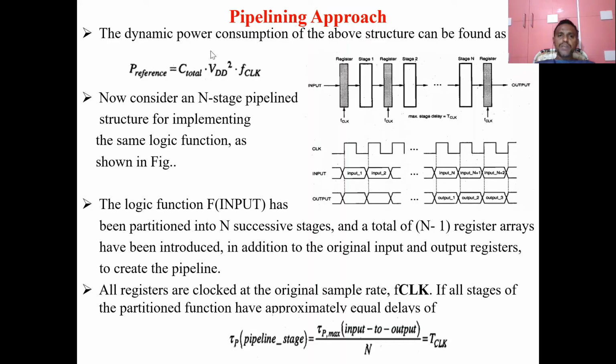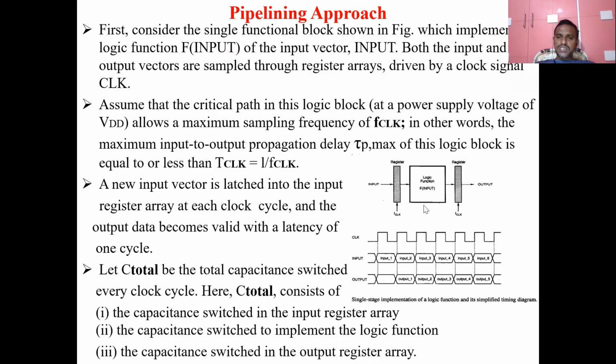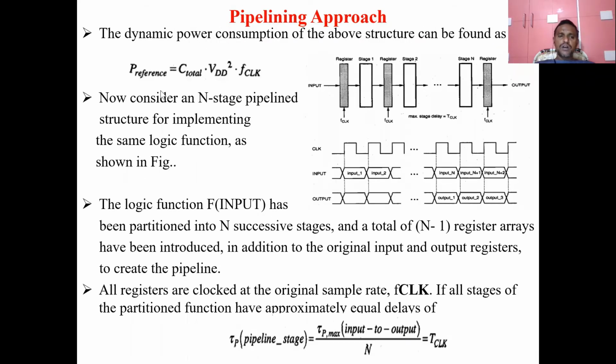Okay, so the dynamic power consumption of this structure can be found as P reference equals the total capacitance times VDD squared times the clock frequency.